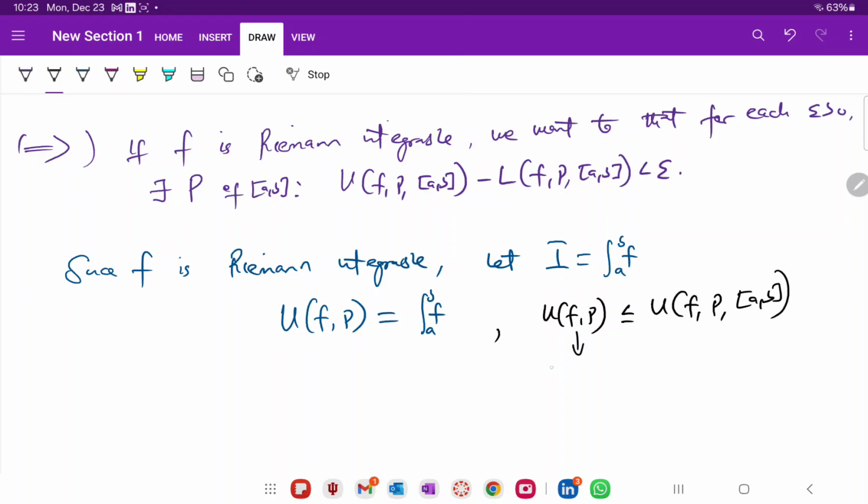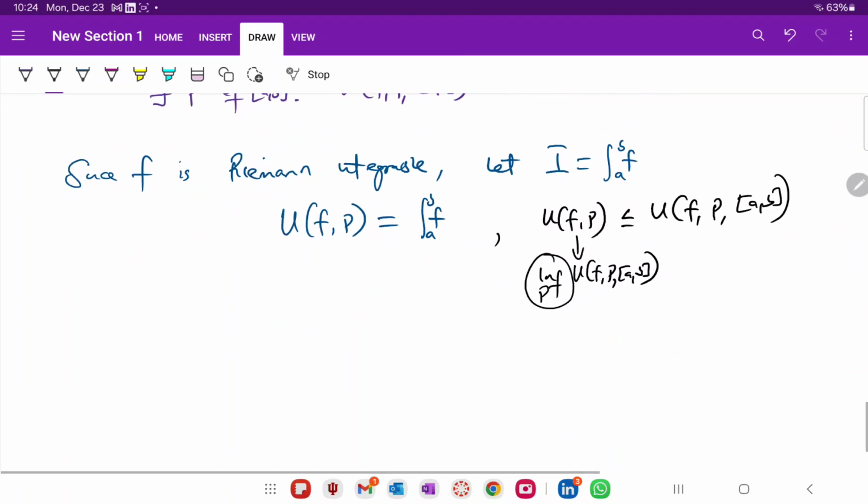Because this is the infimum over P of U(f, P), on [a, b]. So by the properties of infimum, this is less than or equal to this.